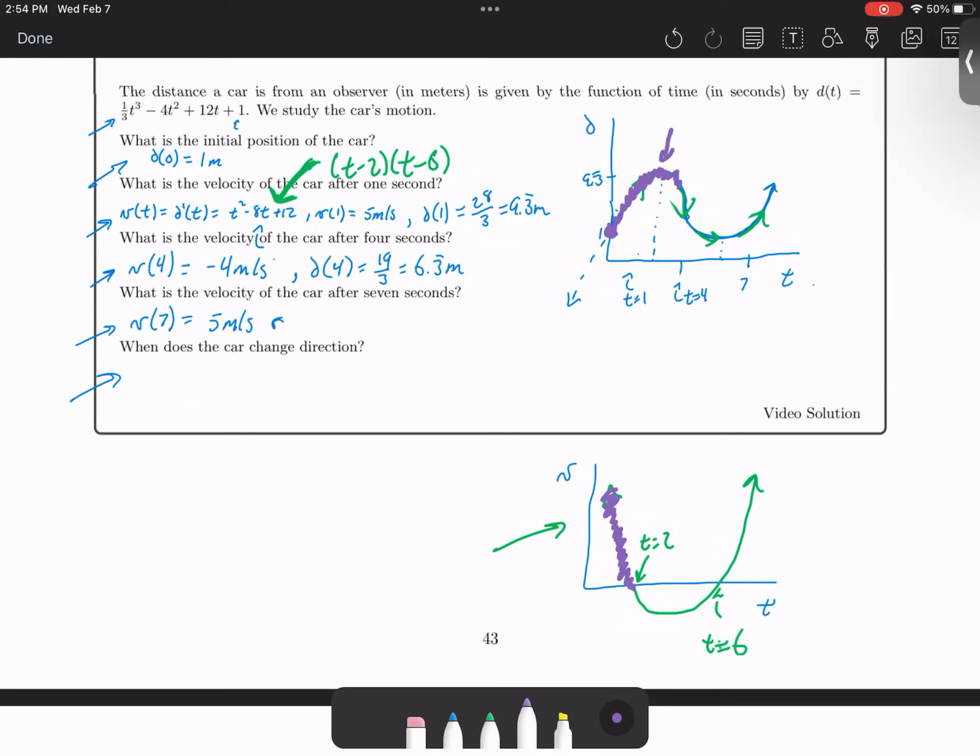Then we turn around and start to come back towards the observer, so we experience negative velocity. We keep traveling back towards the observer until time is equal to 6. And at time equal to 6, we start to experience positive velocity again, or said another way, we travel away from the observer.